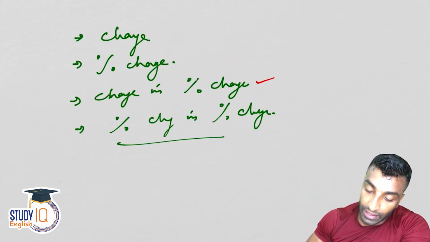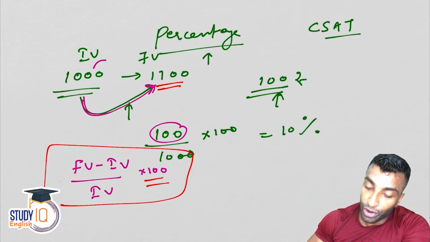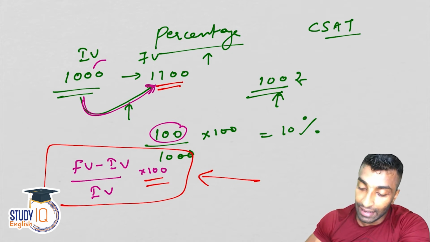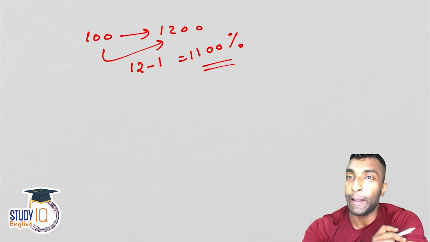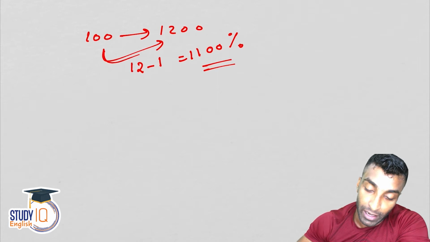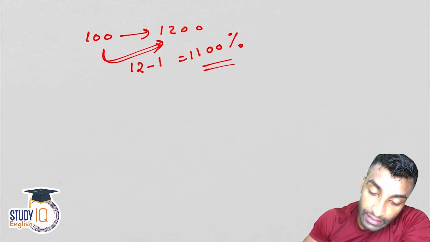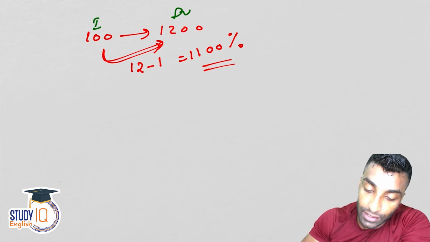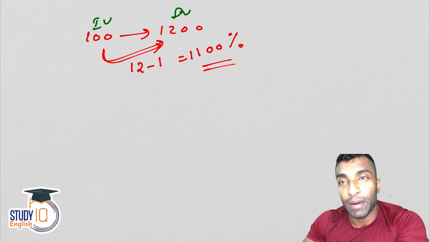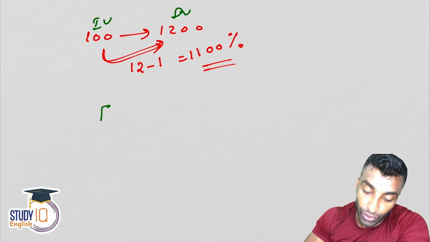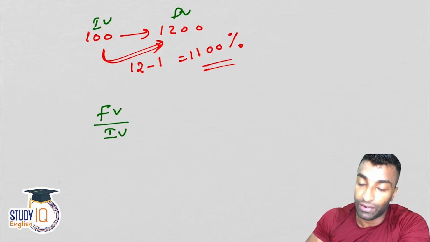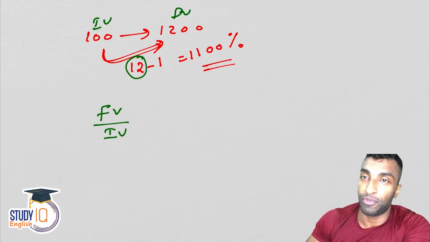Effectively, let me tell you guys, you are doing this only. You are not doing anything else than this actually. When I say you see the factor of multiplication, what is that? Let's say this is your final value and this is your initial value. When I'm asking you factor of multiplication, what you're doing is final value divided by initial value. So that's how you got this factor of multiplication.